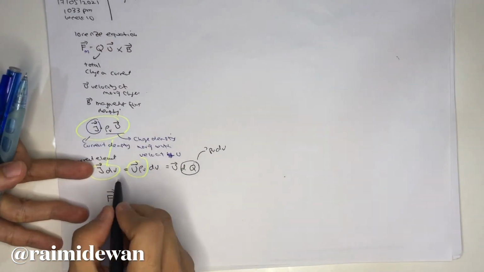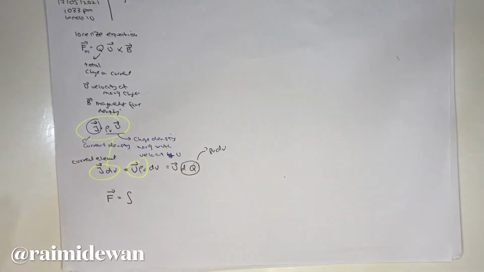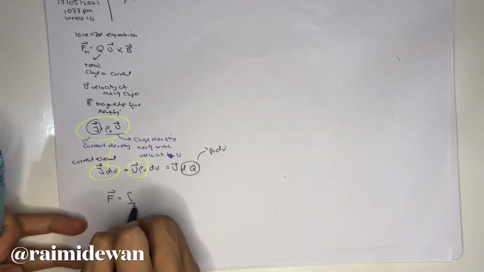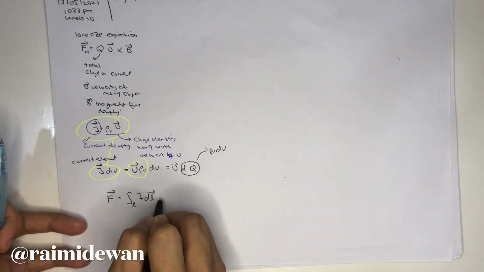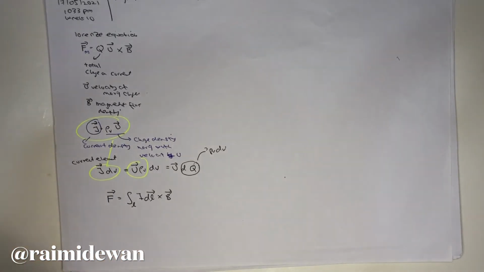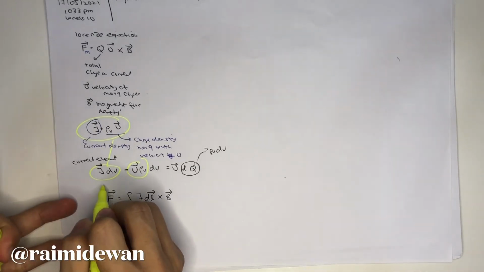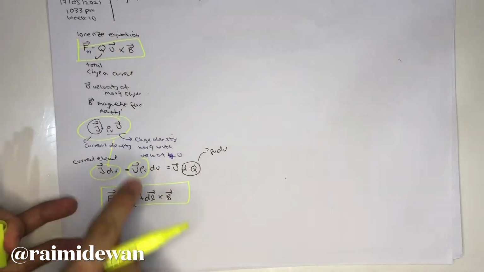You will obtain that F is the integral of line I dl cross B. This is the Lorentz equation.